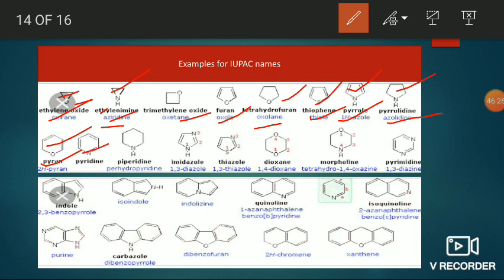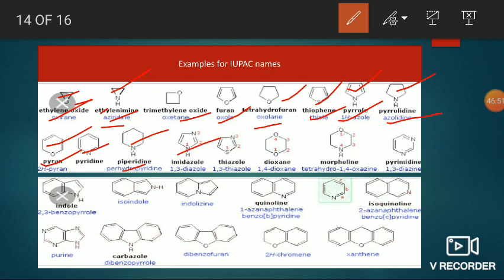It is pyridine. The IUPAC name for this pyridine is azine. Here it is piperidine. The IUPAC name is perhydropyridine.